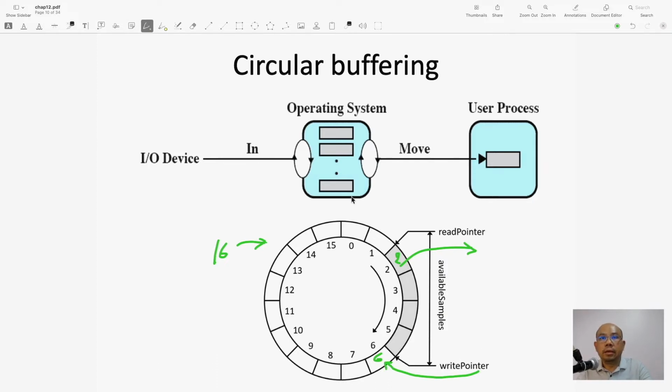The mechanism of circular buffering has two pointers, a read pointer and a write pointer. That means when you type any text, the data from the text will be kept in this circular buffer, and the output from the operating system will get it and send it to the user process.